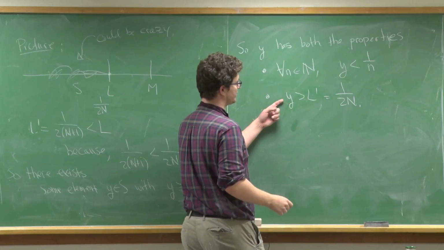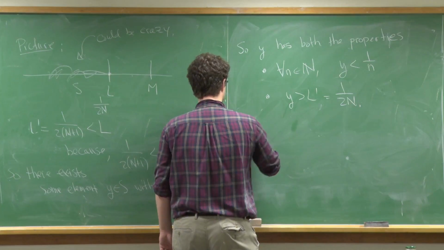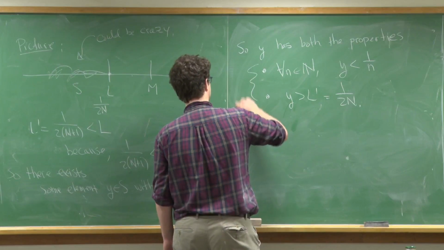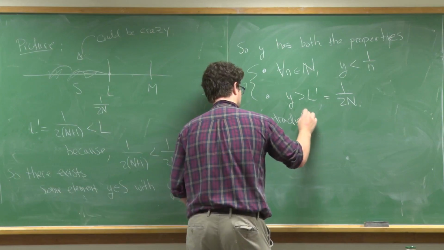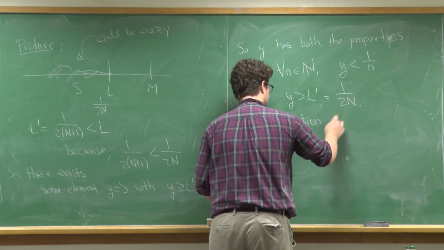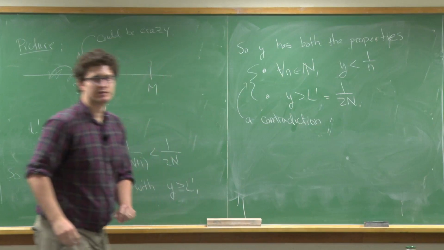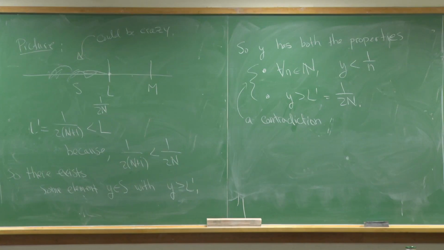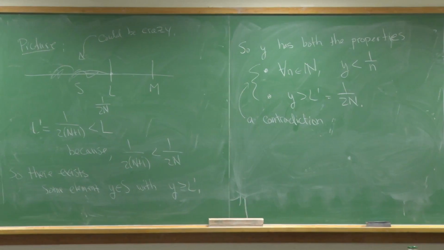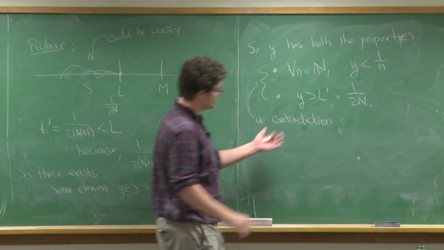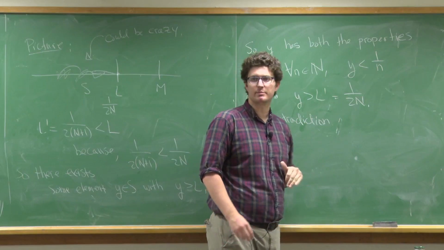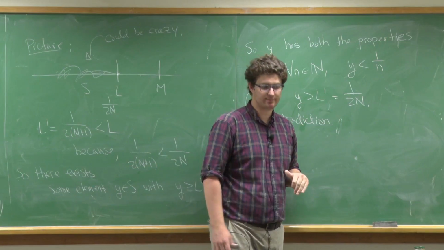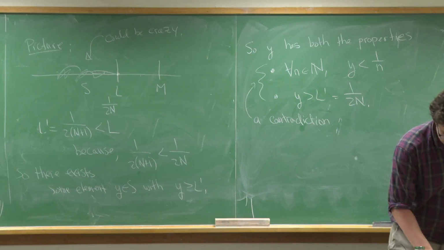And this is a contradiction. Does that make sense, guys? So what we did is we produced something that's supposed to have this and this from the least upper bound property, which is kind of sneaky.